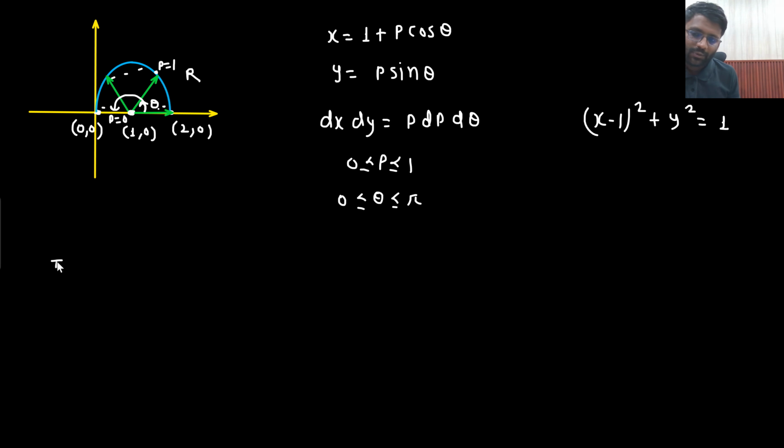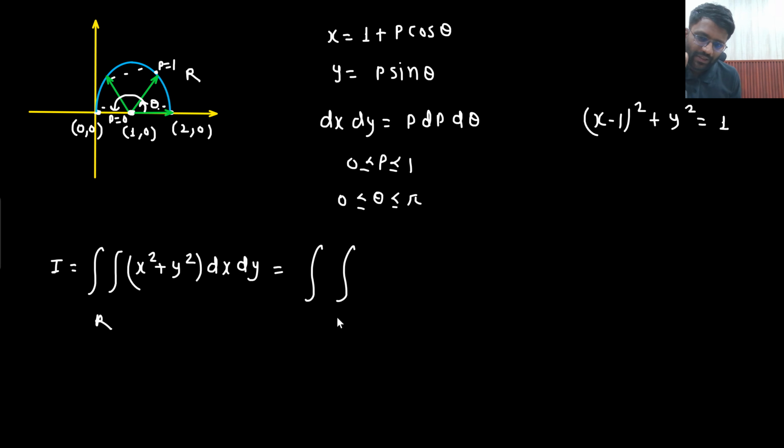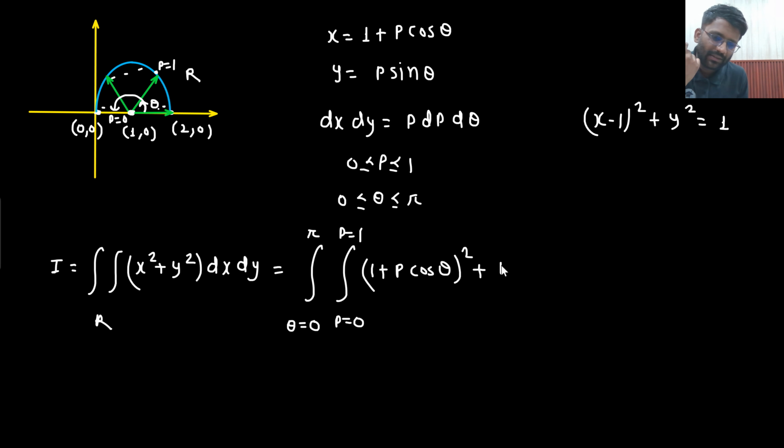And then what am I supposed to calculate? I am supposed to calculate this integral, which is x square plus y square dx dy over the region R. So the limit is very simple, which is p going from 0 to 1 and theta going from 0 to pi. But in place of x, what will I put? 1 plus p cos theta whole square plus p sin theta whole square, dot p dp d theta.